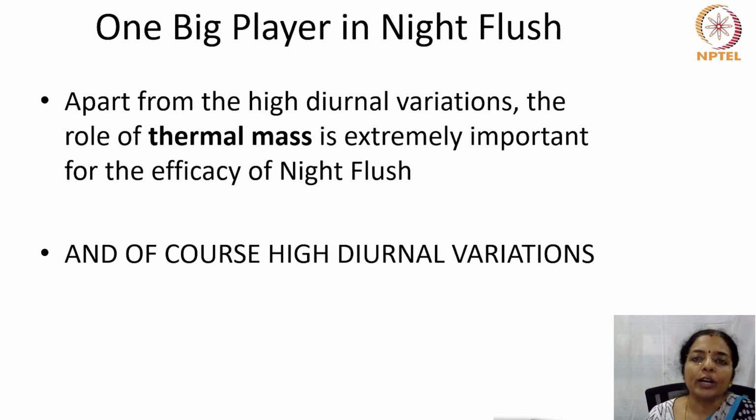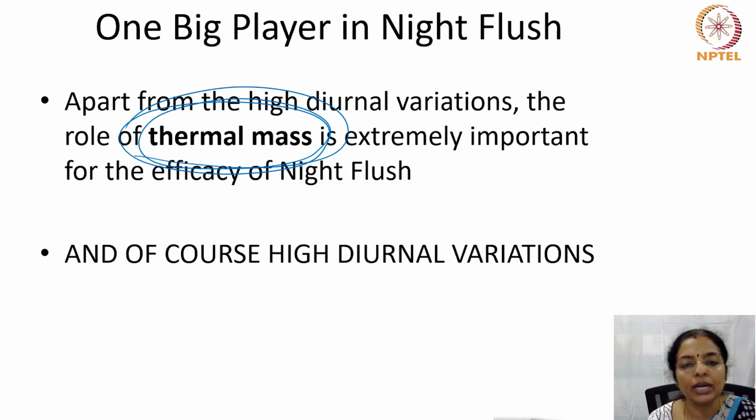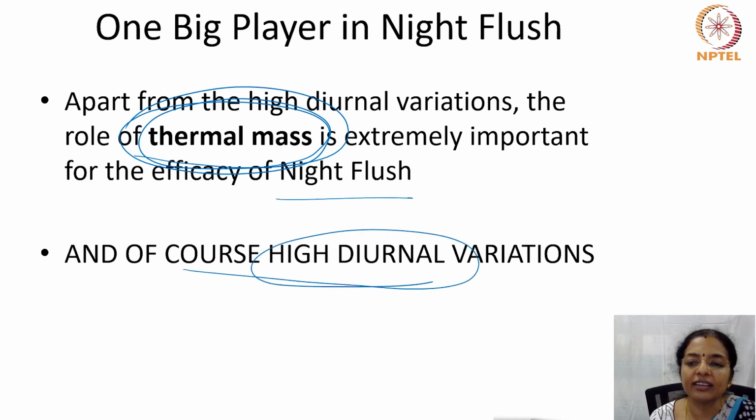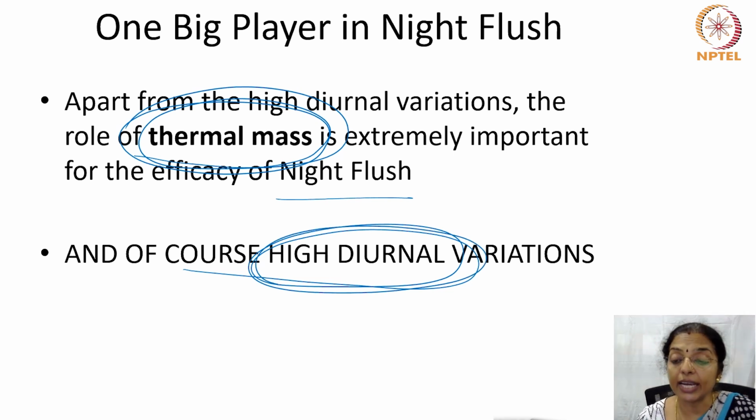Therefore, one of the big players in the success of night flush is having a high thermal mass. That is extremely important in the efficacy of night flush. And of course, you must have high diurnal variation. So any place which has very high diurnal variations, and where you have a high thermal mass, in that place night ventilation is a very effective indoor passive cooling technique.